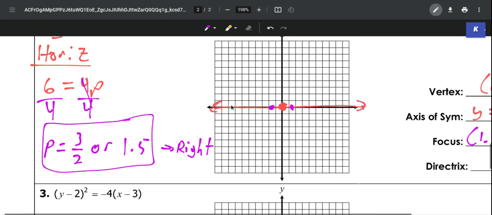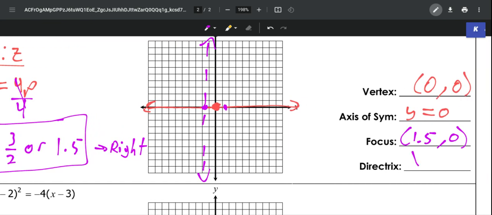So if my axis of symmetry is horizontal, my directrix would be a dotted line that is vertical. And the equation for that would be x is equal to negative 1.5, because that's where it goes through the x-axis.